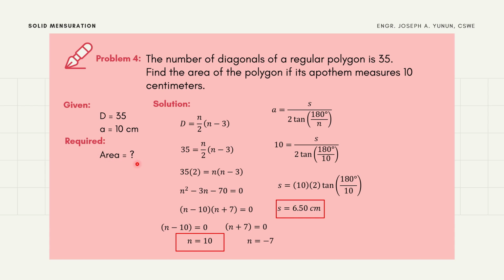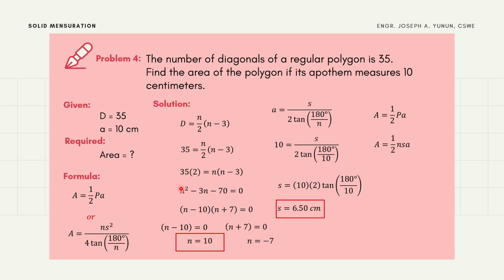Recall the formula for area. We have two formulas: 1/2 perimeter times apothem, or you could use n times the square of the length of one side over 4 tangent of 180 over n. For this particular problem, I will be using the formula 1/2 perimeter and apothem, so 1/2 PA.